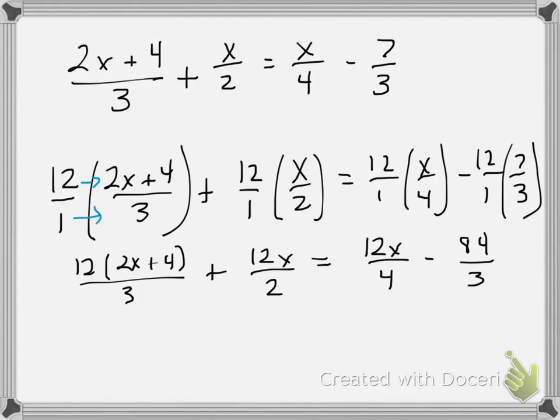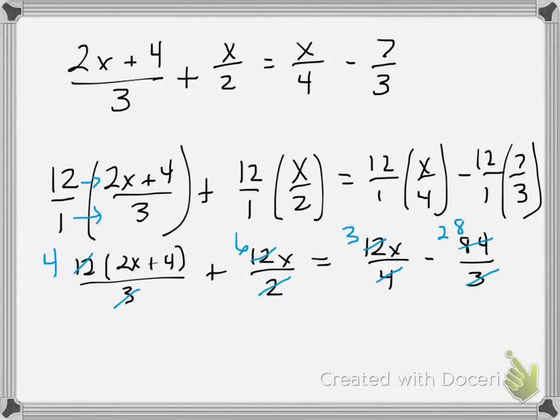And so the way we're going to do that is notice 3 goes into 12 4 times. 2 goes into 12 6 times. 4 goes into 12 3 times. 3 goes into 84 28 times.